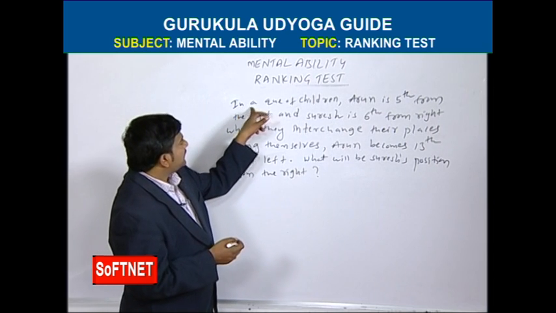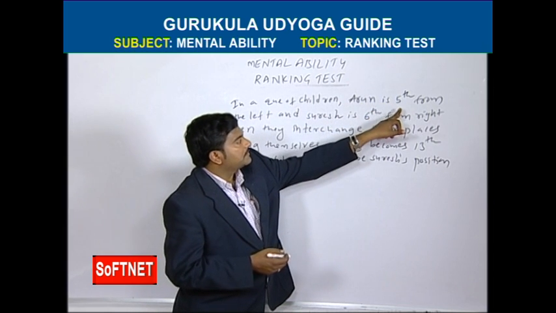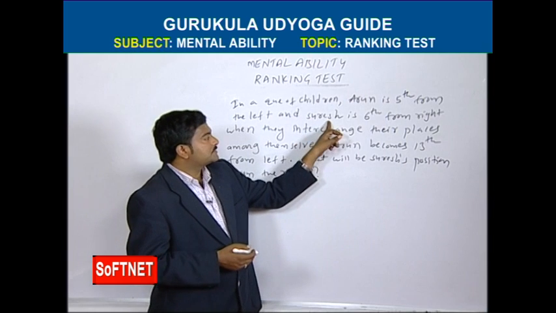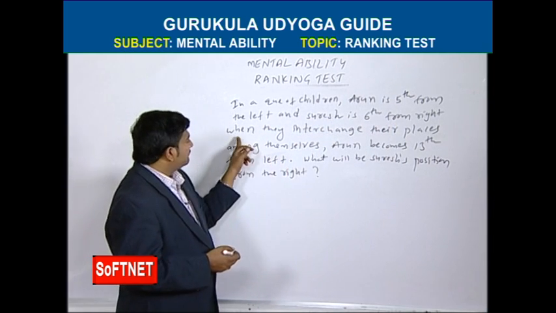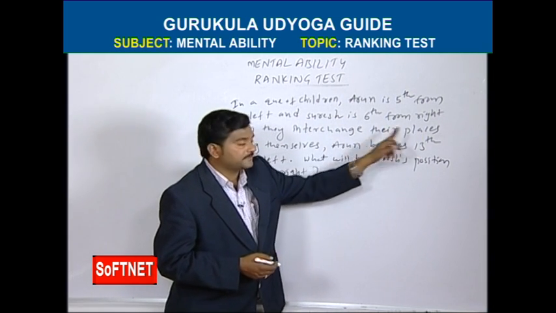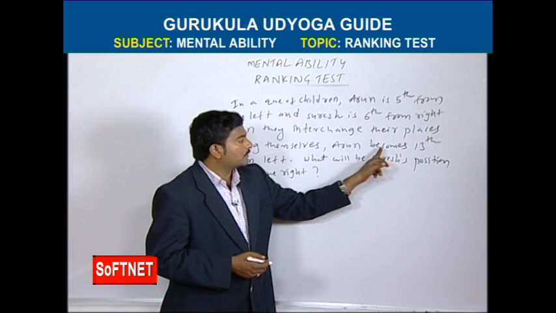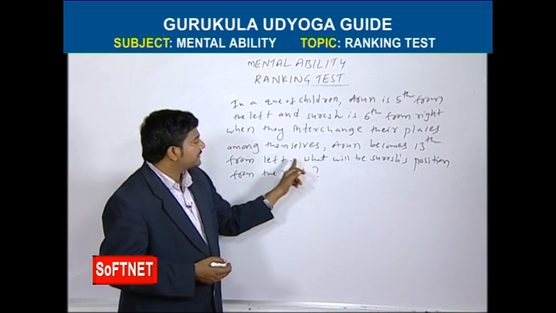See, in a queue of children, Arun is 5th from the left and Suresh is 6th from the right. When they interchange their places among themselves, Arun becomes 13th from the left.